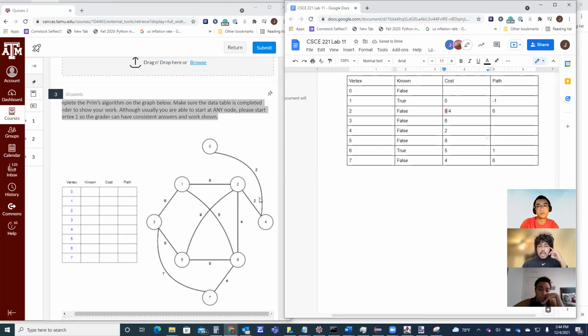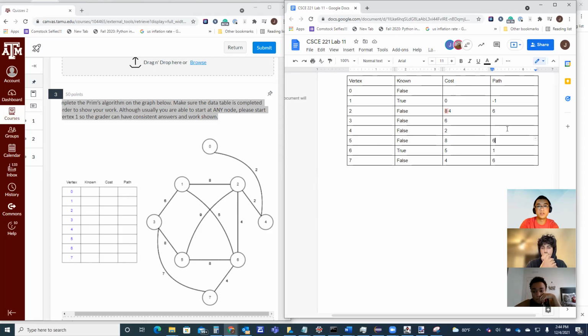But also, we forgot the path to 5. It's from 6. The path for 5 is 6. Yeah, it has a weight of 8. But the path, the source that we got it from, the column on the right, it's from 6. Okay. And then what else?